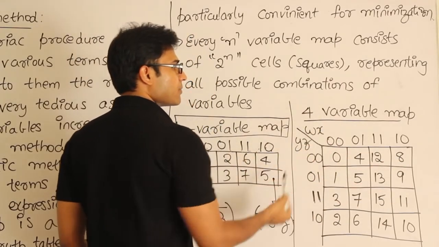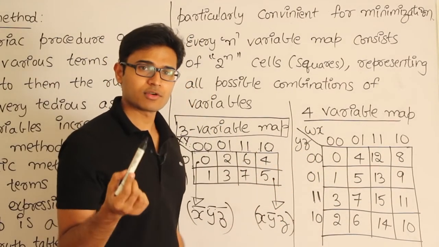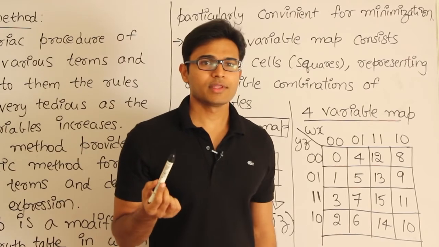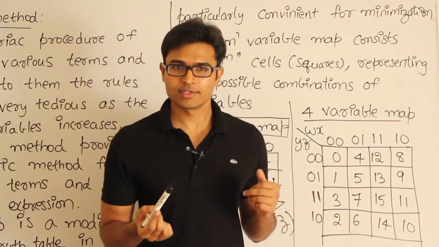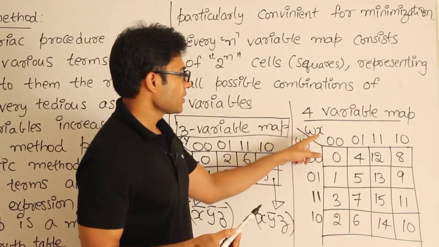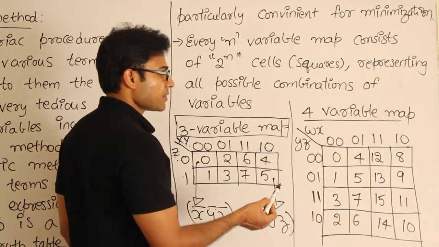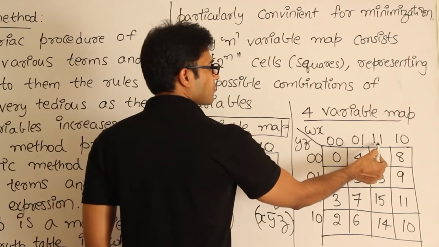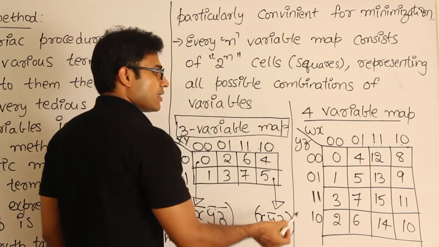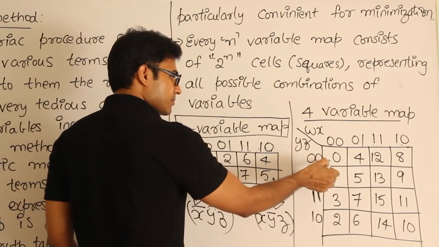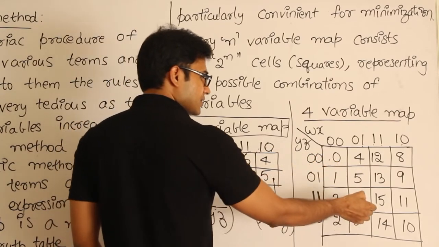And the next thing, here also the same thing. It is a 4 variable K-map. If the number of variables is 4, then how many minterms are possible? 2 power 4, which is 16, right? For w x, y z, all of them can be 0, 0, 0, 1, 1, 1, 1, 0, and each cell is representing one minterm. For example, let us say this cell.